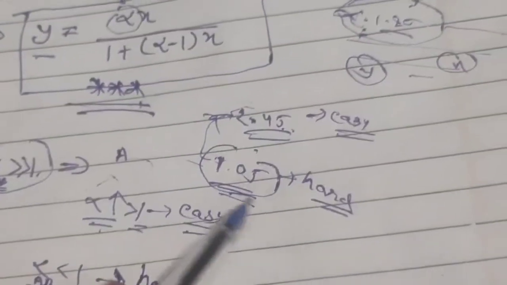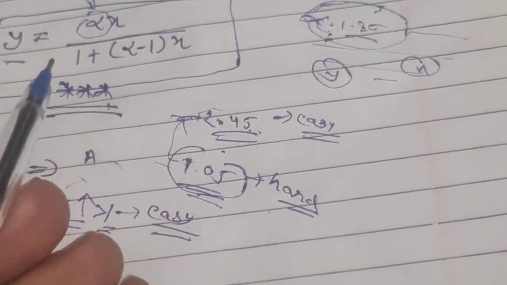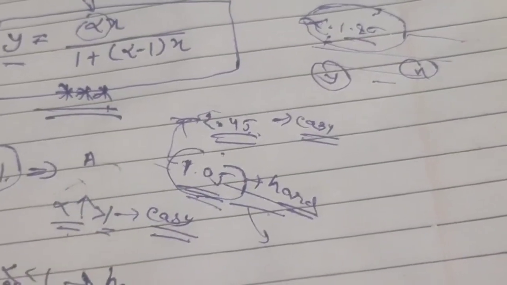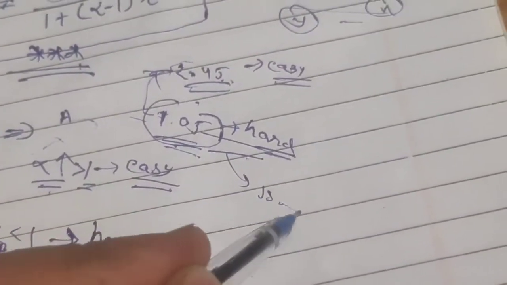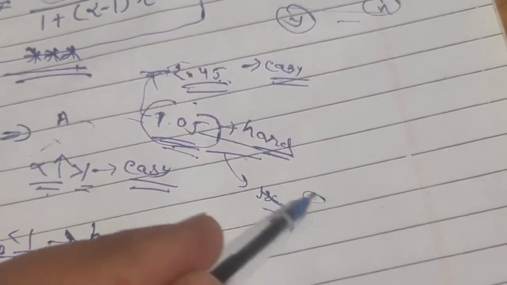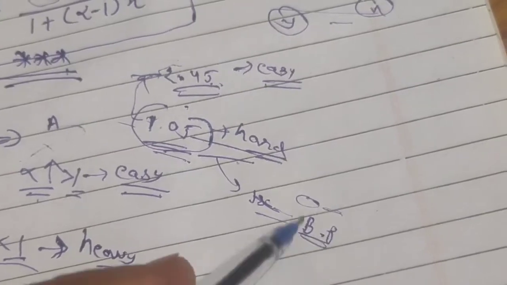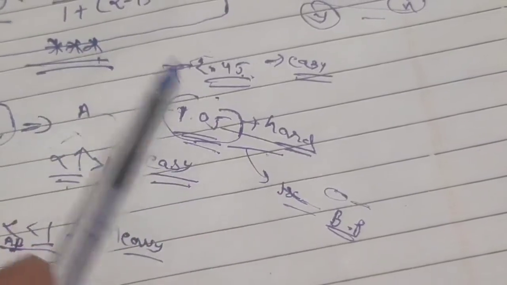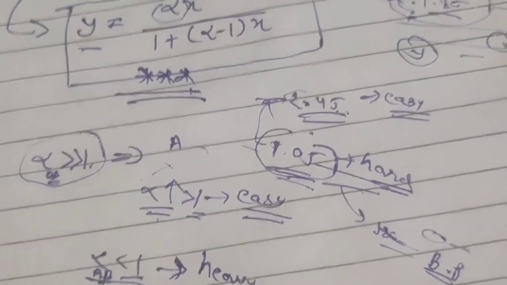If it's around 1, it's very hard to distil, and then we have to use other methods, like liquid extraction, if the value is very close to 1. This happens in the case of isomers, where the shape and size are almost the same. That's why the boiling points of both components are almost equal, which means alpha is almost equal to 1. In this case we cannot separate them by distillation.